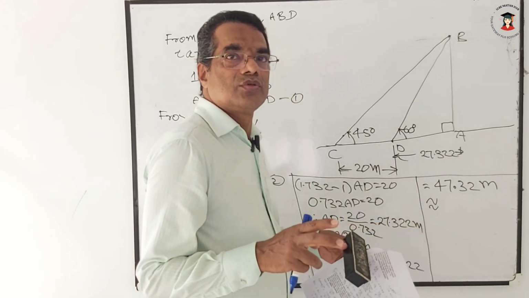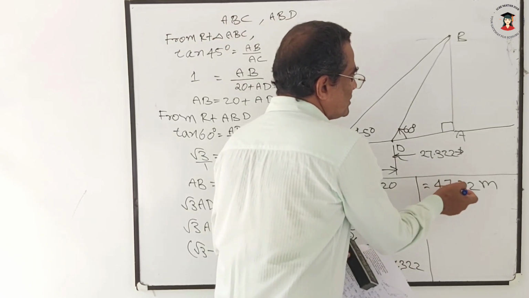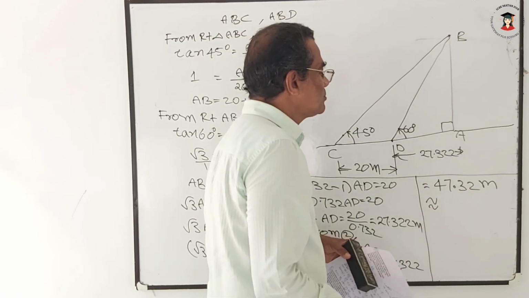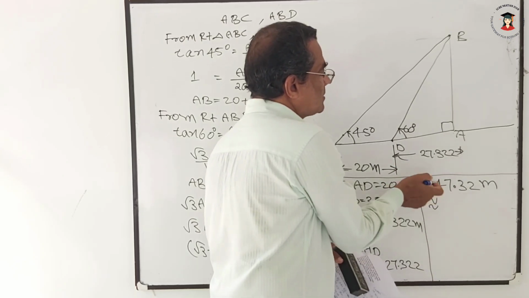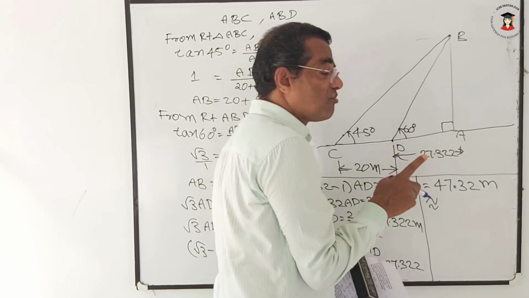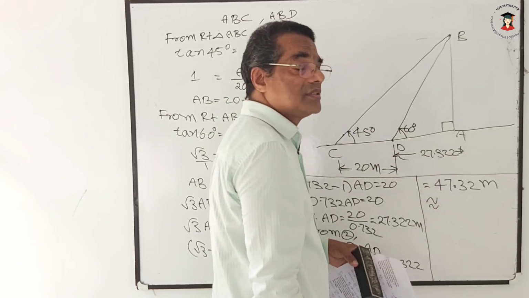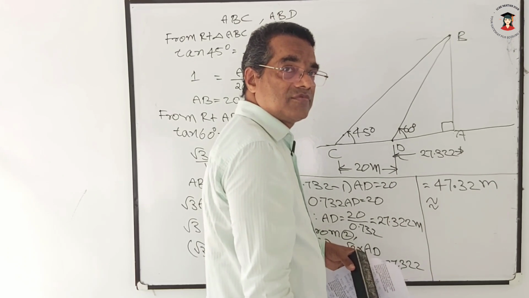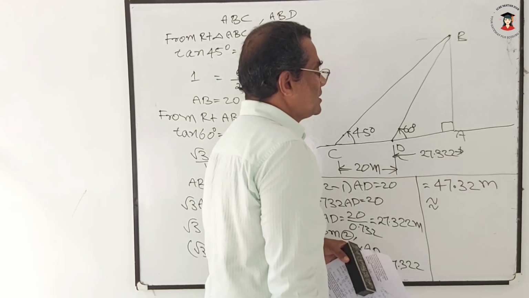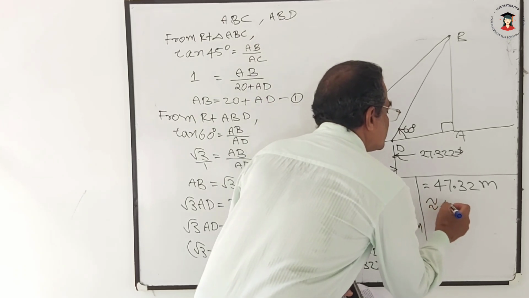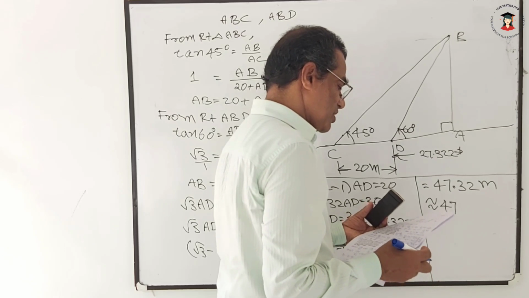That means two figures are significant. Here this is 0.3. If it was above 0.5, then we would add 1 to this 47, and it would become 48. Since it is less than 0.5, we will discard that. So the answer correct to two significant figures is 47 meter.